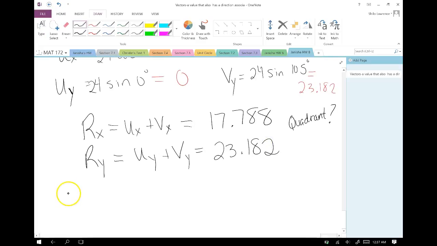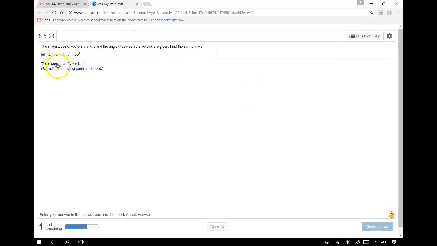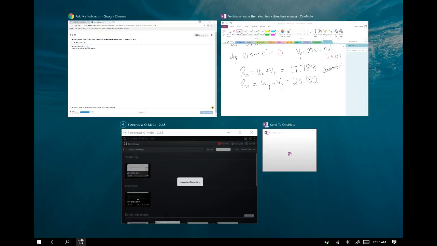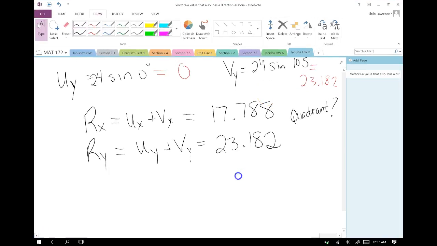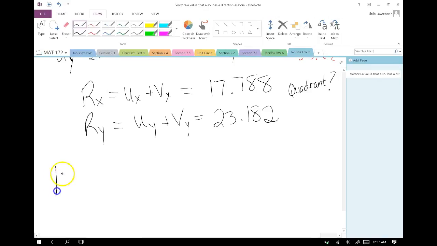All right, so my final answer, if you look back at MyLabs Plus, they want us to answer this question as a magnitude, and then part 2 says a direction. Right now we have components. So the magnitude, remember, is the hypotenuse of this triangle. Right now we have the legs of the triangle.